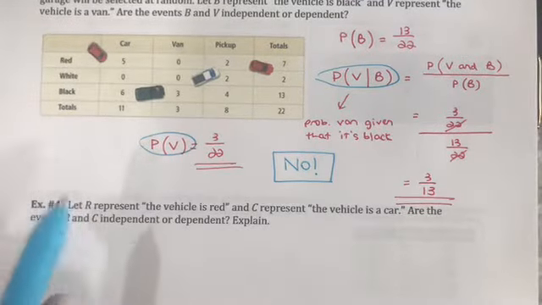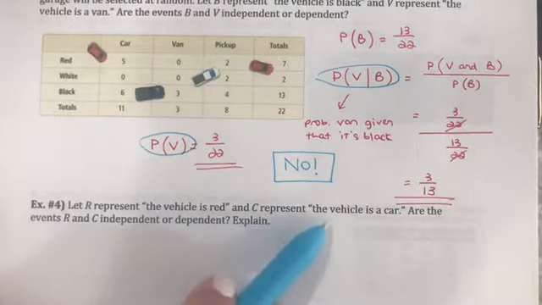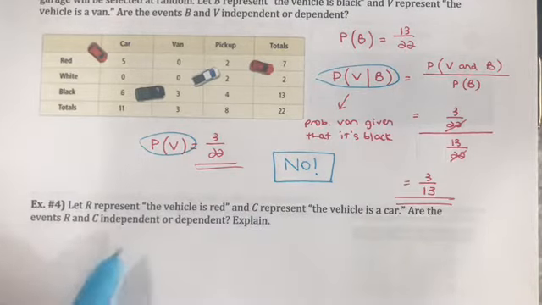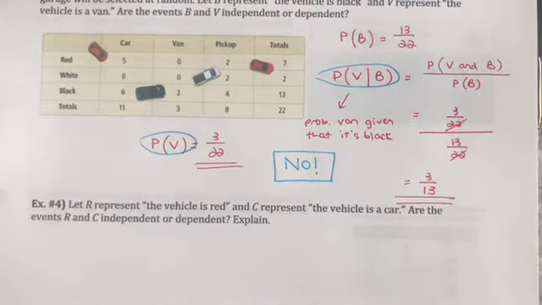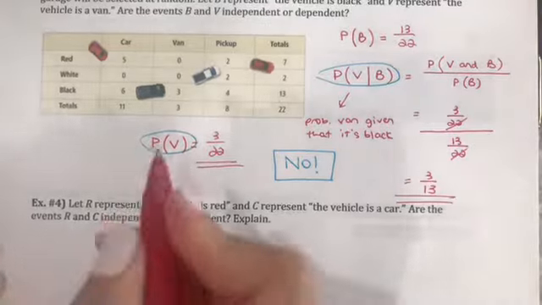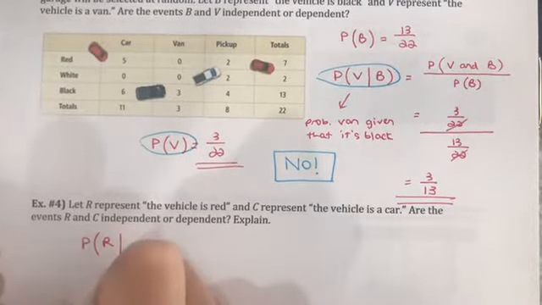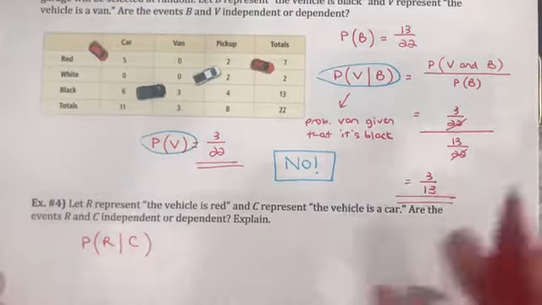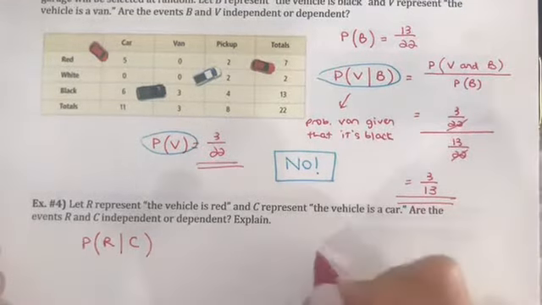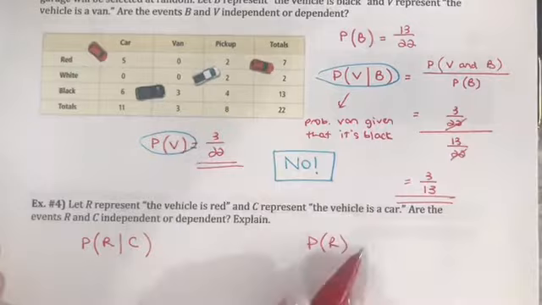All right, so let's see here. Let R represent the vehicle as red and C represent the vehicle as a car. Are they independent or dependent? If we do the probability of red given car, we also have to find the probability of red, the probability of the first part.